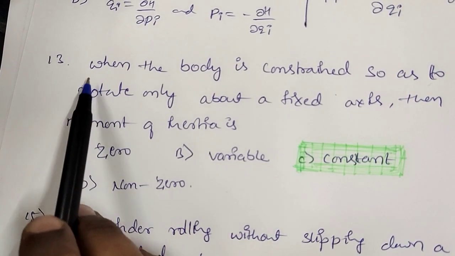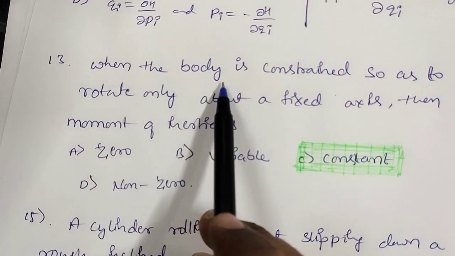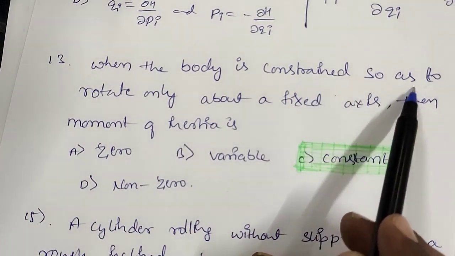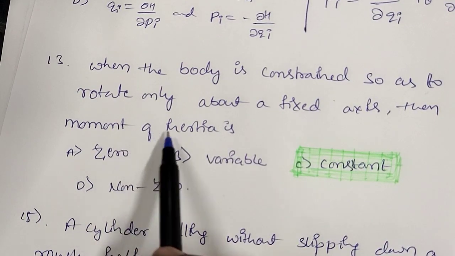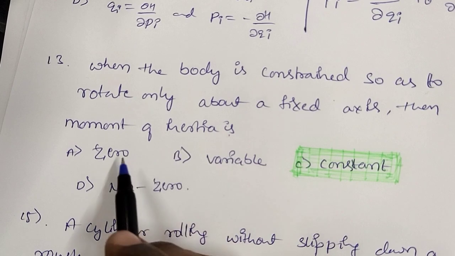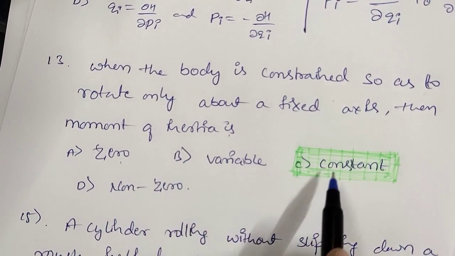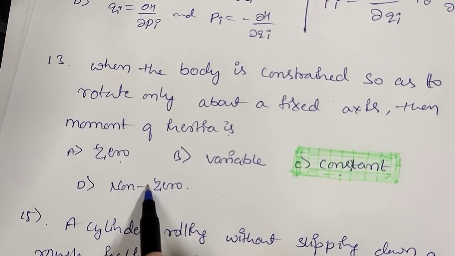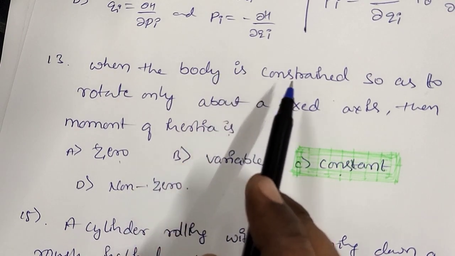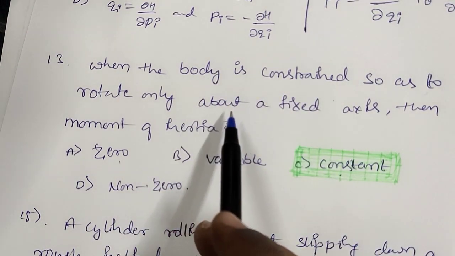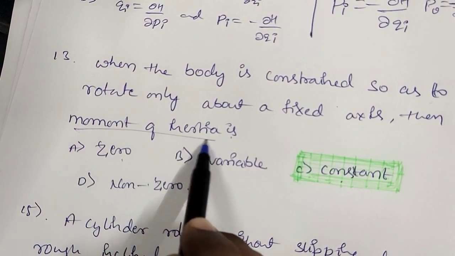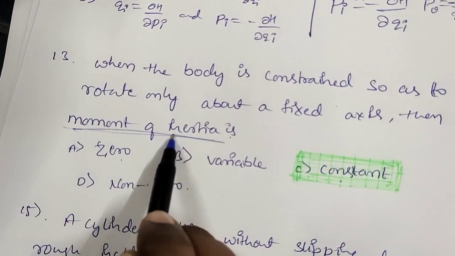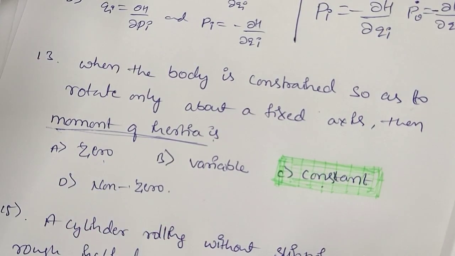Next is question number 13. When the body is constrained so as to rotate only about a fixed axis, then the moment of inertia is: zero, variable, constant and non-zero. So it is a constant moment of inertia. The body is fixed at a particular point.